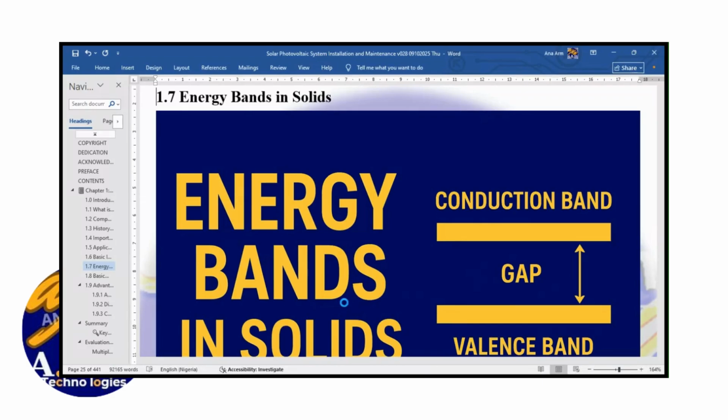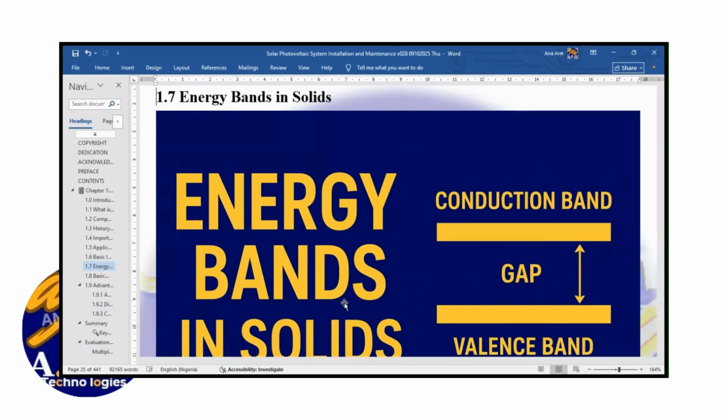Our learning objectives for this topic are as follows. 1. Explain the terms valence band and conduction band. 2. Discuss how the band gap affects electrical conductivity in solids. 3.